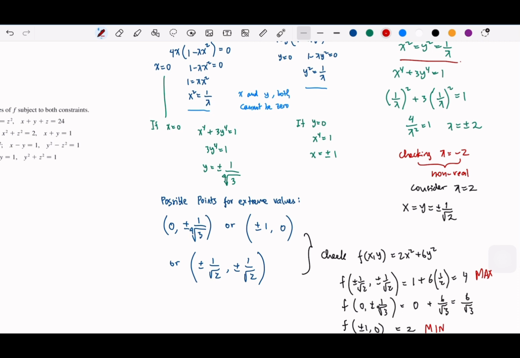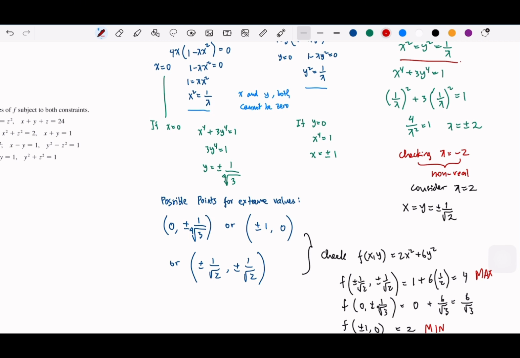Okay. Any questions? This takes a lot of time. But the idea is you need to solve the del system, the del f equals lambda del g. We're solving that system in any way possible, using all the means in algebra and systems of equations.